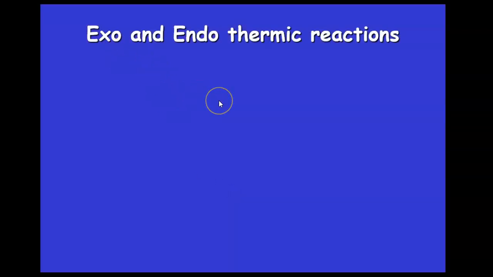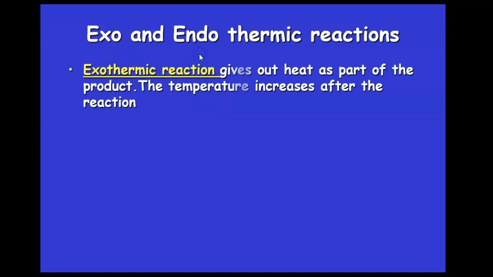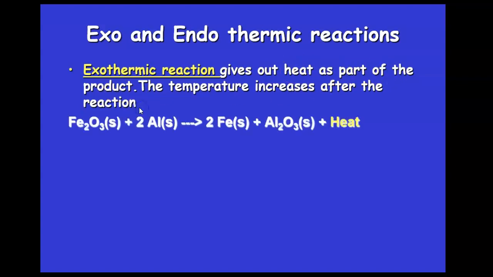Exo and endothermic reactions. What is exo and endo? An exothermic reaction gives out heat as part of the product. That means the heat sign is going to be on the product side. Temperature increases after the reaction. That means the container becomes hot.